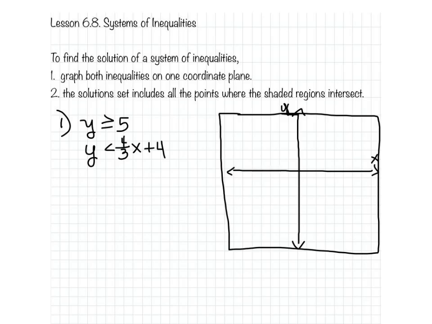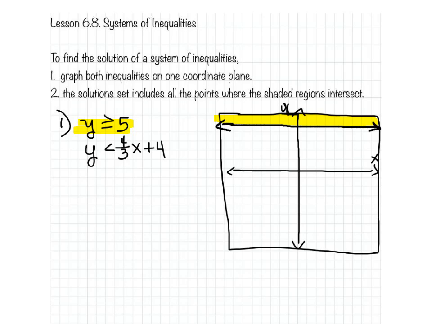So for the inequality y is greater than or equal to 5, I have a solid line along 5 on the y-axis, and everything above it, since y is greater, would be shaded. And I'll be shading in 2 different colors. So this is the solution for the first one.